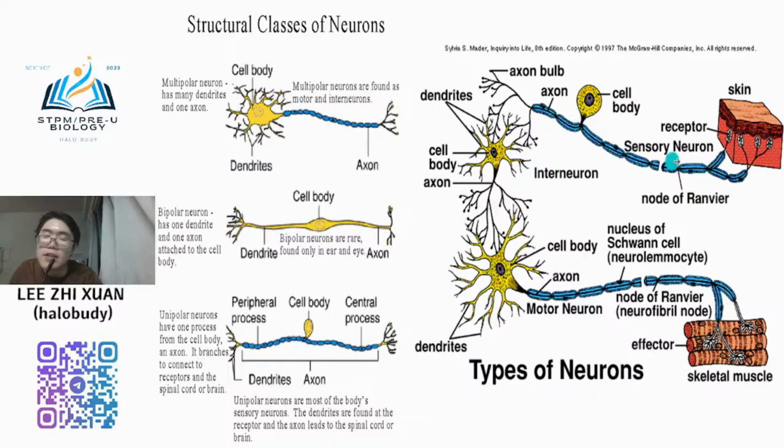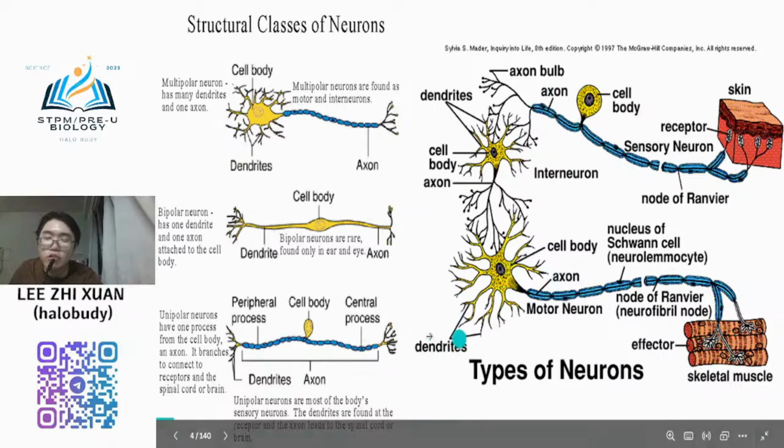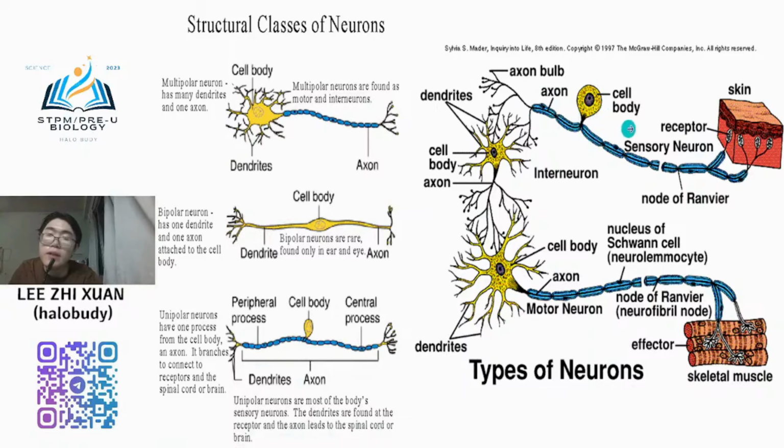Another difference is the length of the axon and also the length of the dendrite. If you still remember, the dendrite is the nerve that receives the electrical impulse. For the sensory neuron, all of this from the skin until the cell body we call the dendrite, meaning this is the part where the electrical impulse is received from the skin toward the cell body.